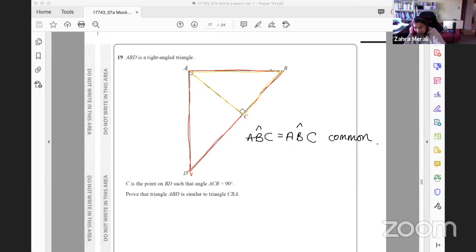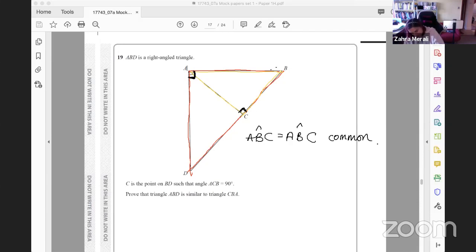Then CAB, we've done that one, and we've got CAD and ACB. So we've got two lots of right angles there: a right angle here and a right angle here. So we've got another angle that's the same.